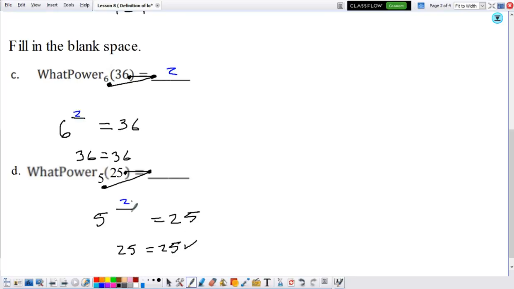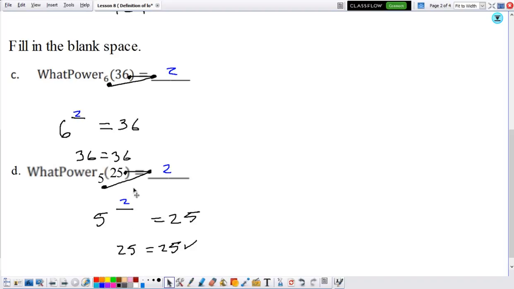So the exponent that we needed is 2. So that means that what we're going to have as a result is just the exponent that we needed to raise it to, 2. Because 5 to the second gives me what's inside the parentheses, which is 25. Now, this is not exactly the definition of a logarithm, but this is the main idea of the definition of a logarithm. So now, let's actually talk about logarithms.